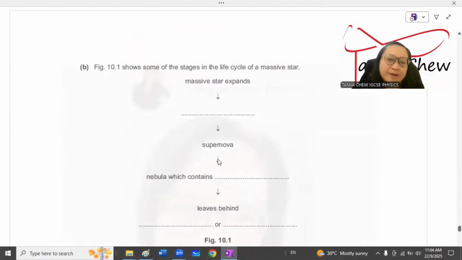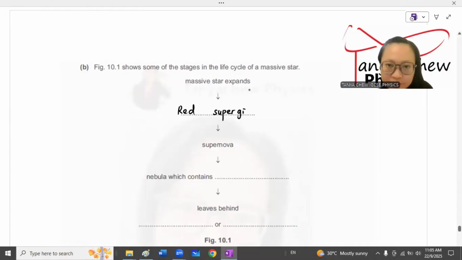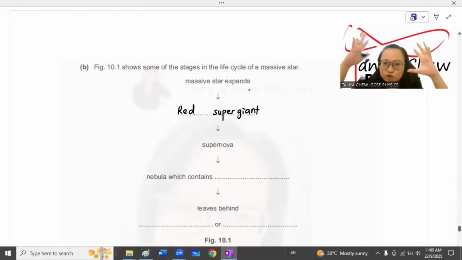Now, B, Fig 10.1 shows some of the stages in the life cycle of a massive star, big star. First one, the massive star starts to expand to form red supergiant, a big star. And after that, expansion causes the red supergiant to explode.